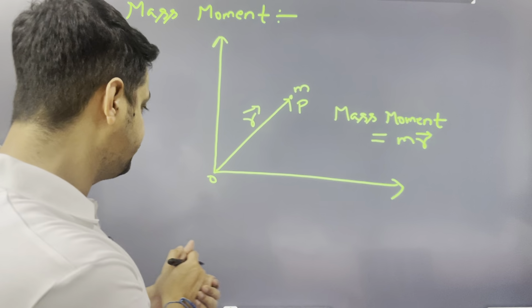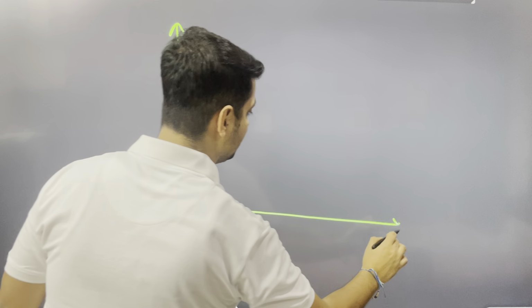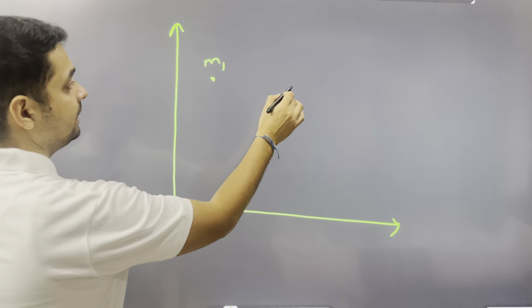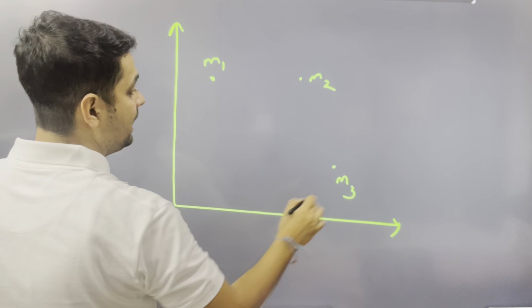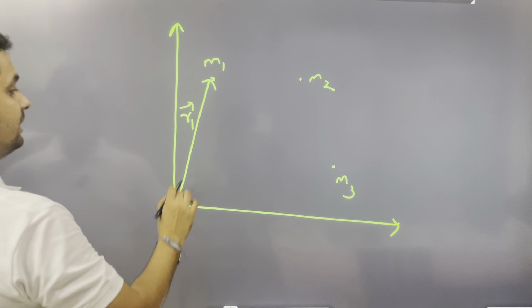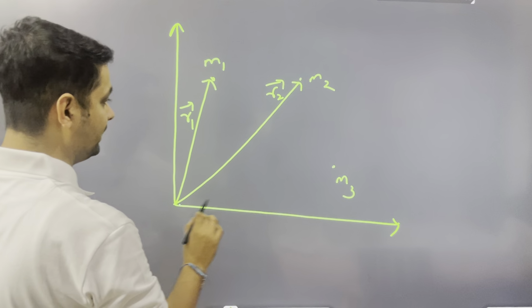We'll see here. For example, if you have one system of particles, in that different particles are there, m1, m2, m3, and their position vectors are given, r1 vector, r2 vector and r3 vector.